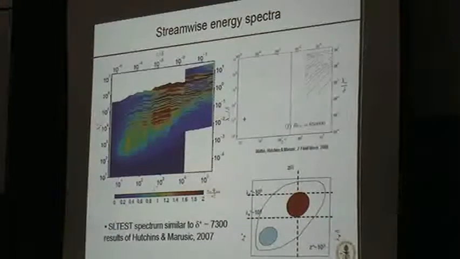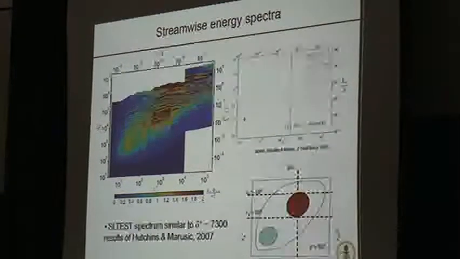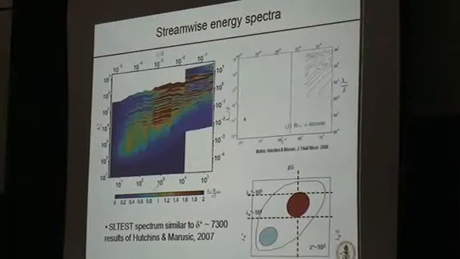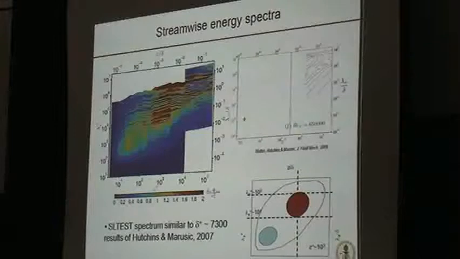And the sonics, this is just for that very near neutral period. Now the Hutchins and Marusic data is from a longer sample, so you can see their spectra are a bit cleaner than ours, but they were only working from the sonics. So they get a different snapshot of the same flow. Right? And there's an overlap between the hot wires and the sonics of a small range in z.